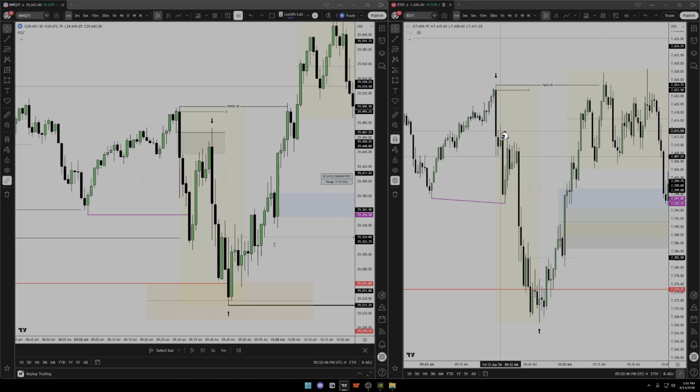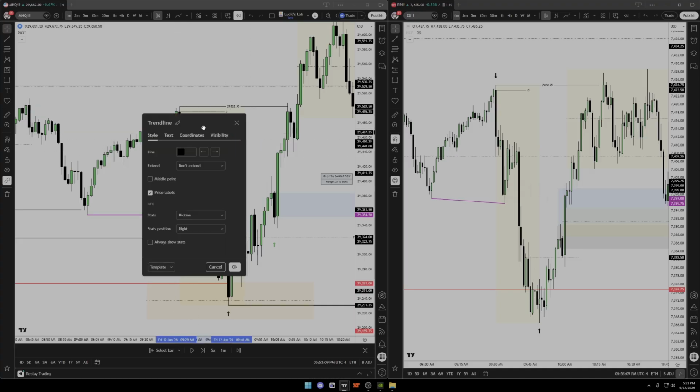Notice how here we got nothing but a lower high and lower highs continuously, expanding downwards. Price is showing us that we want to go down. But notice how here on micro NQ, we retrace strongly back up into this 1 minute imbalance, right into this order block here on the M1.